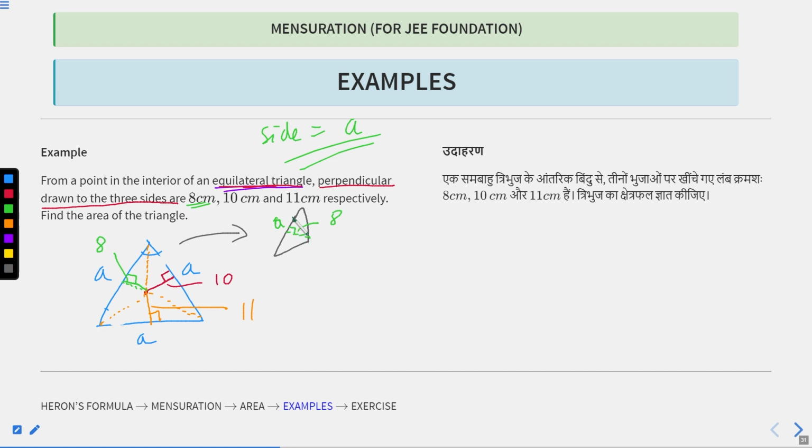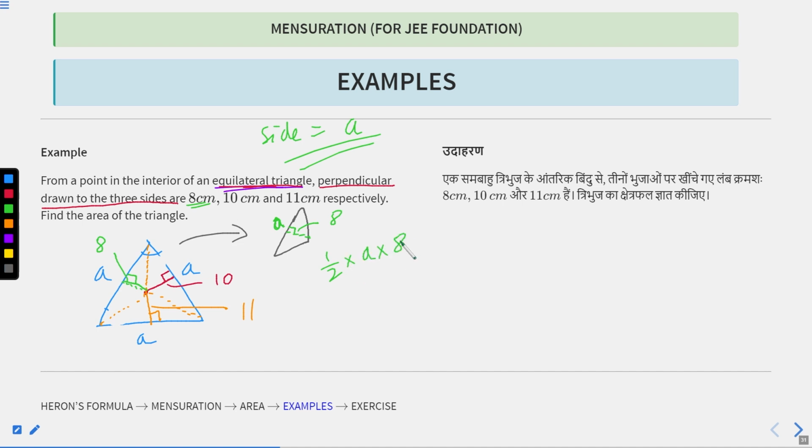A is the base, and the height is from the highest point of the triangle to the base, which makes a 90-degree angle with the base. I hope this is clear. Now I know the formula for the area, which is half into base into height.